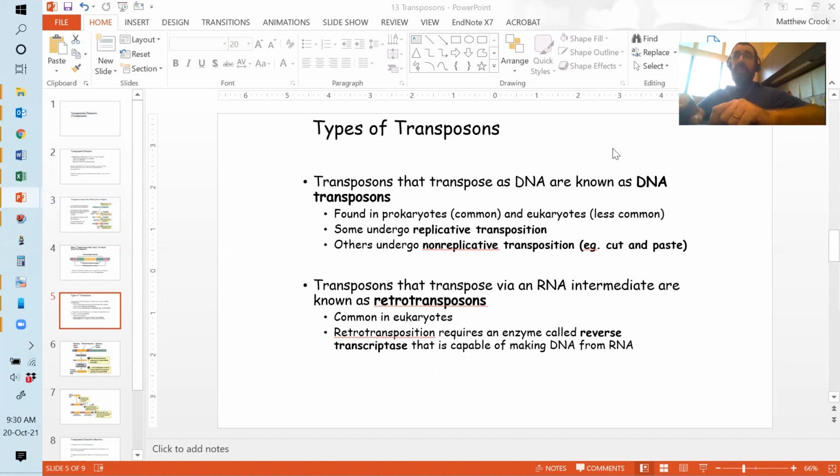But anyway, retro in terms of molecular biology means turning something from RNA to DNA. Or not something, information, I guess.